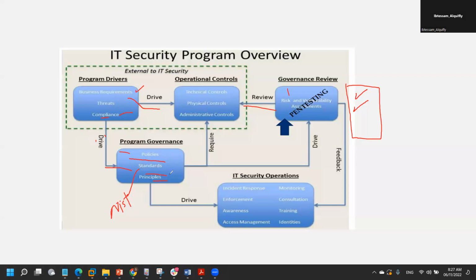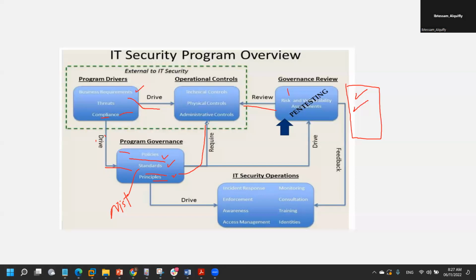So the standard will tell you, for example, you need to implement encryption, and the procedure will tell you encryption is good, so we need to go and use AES to encrypt our hard drives. And once you have these policies, the standard saying that you should encrypt, and the procedures telling you to encrypt using the AES standard, then this is also required to implement controls, and these controls are either technical or physical or management controls.